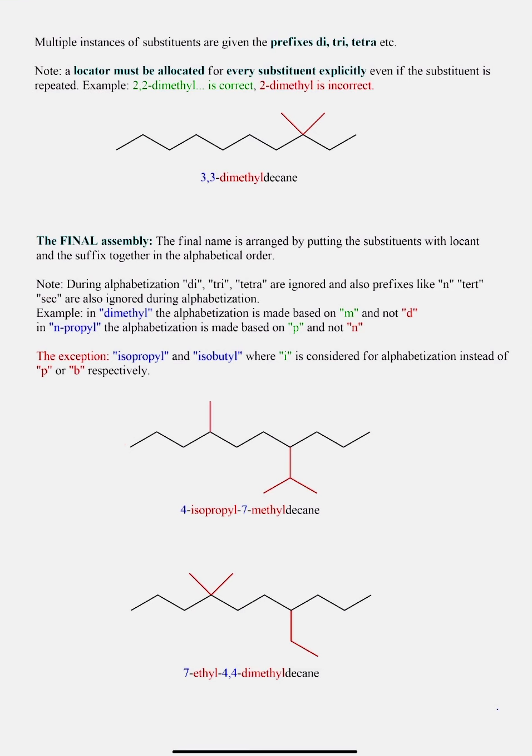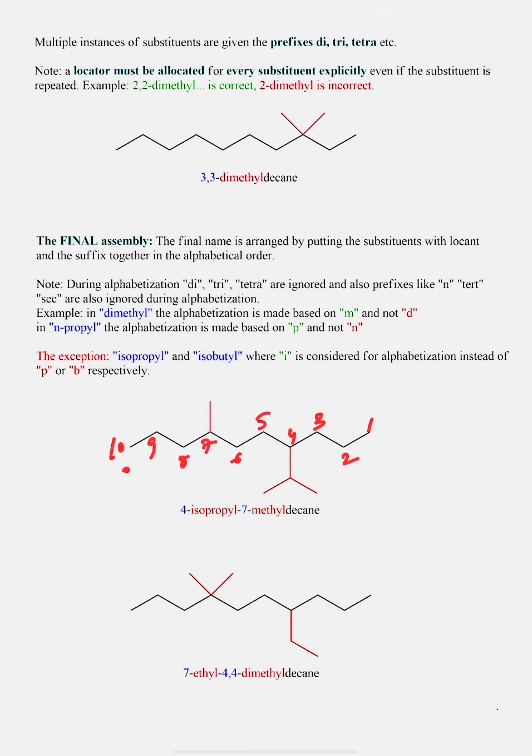If I number from left, methyl gets 4 and isopropyl gets 7. But if I number from here, I get 4 for isopropyl and 7 for methyl. Now, according to the lowest sum rule, there is a tie here. 4 plus 7 is 11, and 7 plus 4 is also 11.